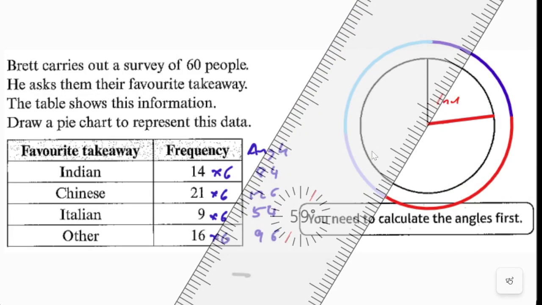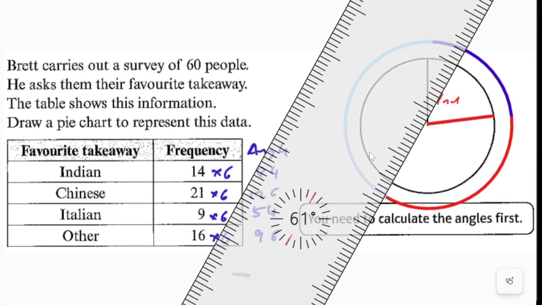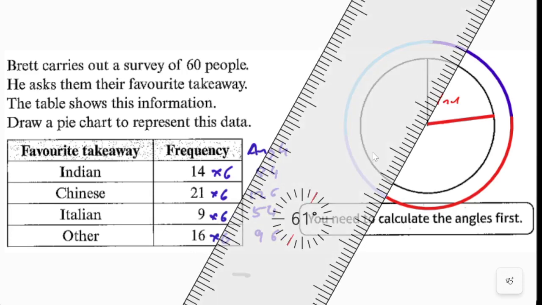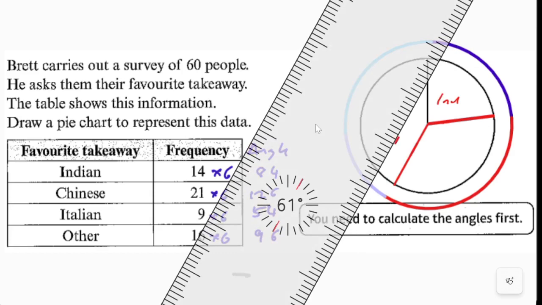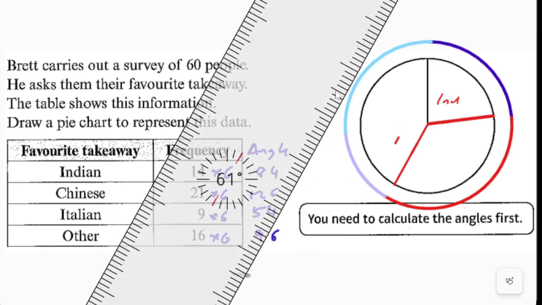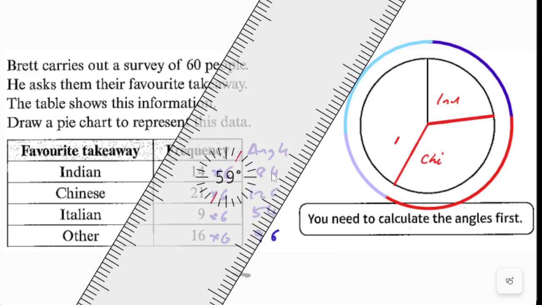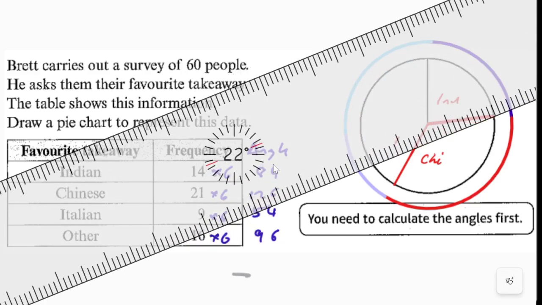And then center of the angle through to the point that I marked on the circumference. There we go. And that's going to be my Chinese. And then we've got my Indian and my others. I just need one line for that though.